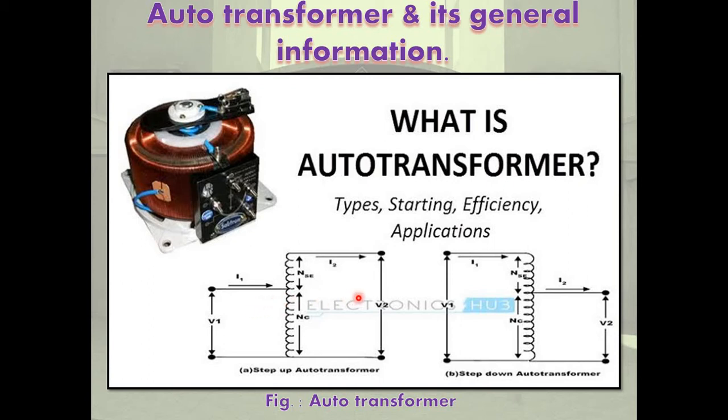Since the same winding is used for primary and secondary, an auto transformer requires less material for the same output than required by a two winding transformer. We can also say that for the same amount of material in both, the output voltage of an auto transformer will be higher than a two winding transformer.